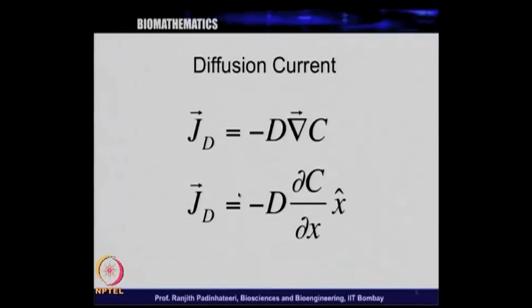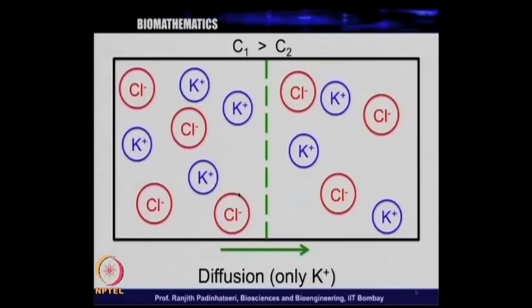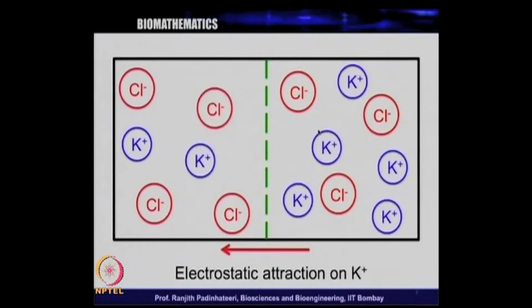We had this situation where K plus will go from here to here, because there is more concentration here and less concentration here. That would lead to more K plus here and less there, so K plus goes across, but only K plus can go.